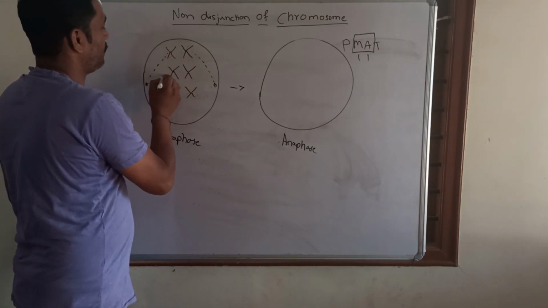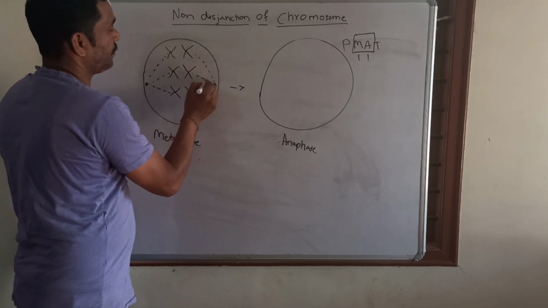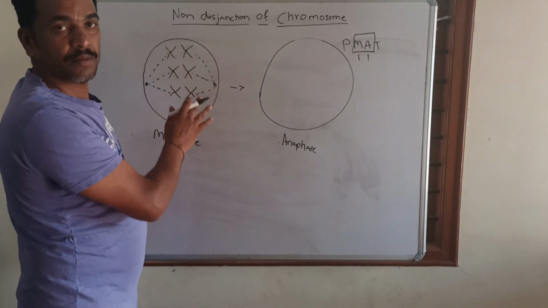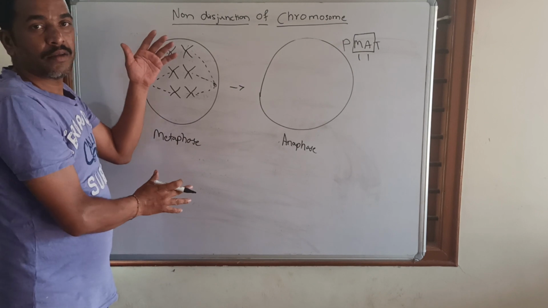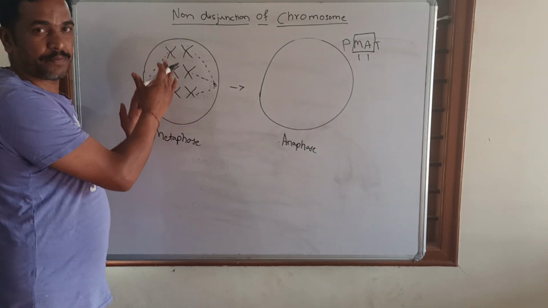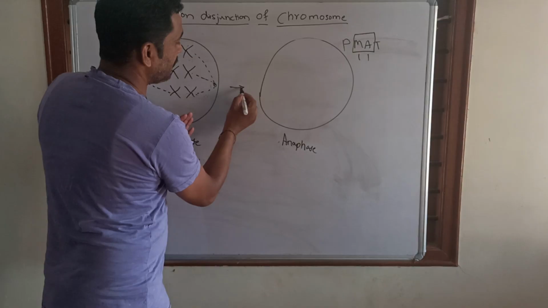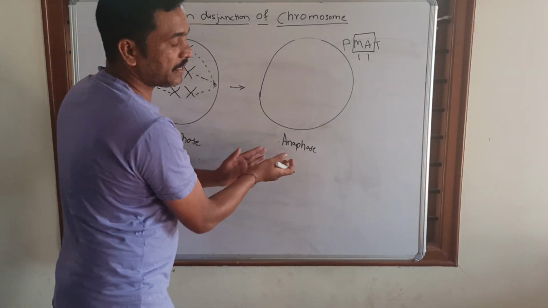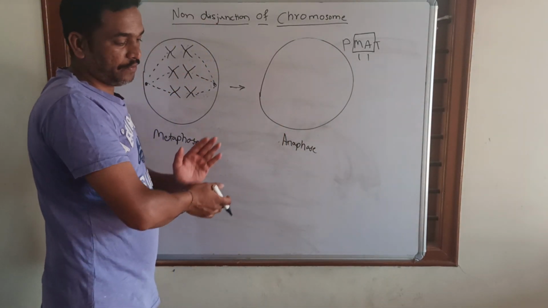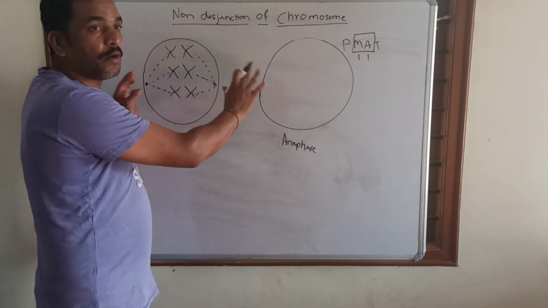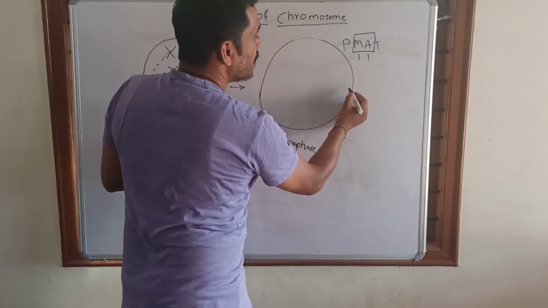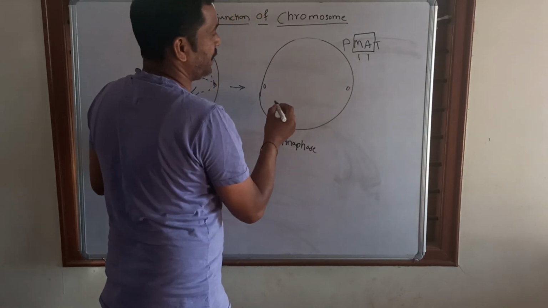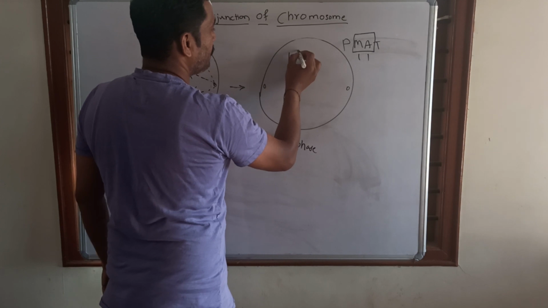These spindle fibers are attached to both poles. After this metaphase, the cell moves on to anaphase, where the chromosomes move to the respective poles.